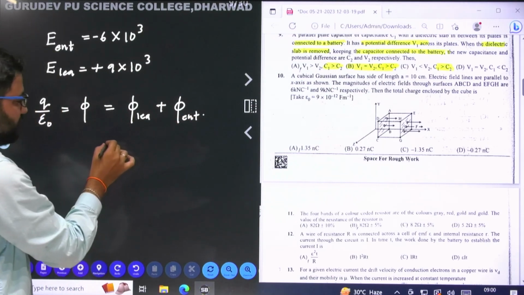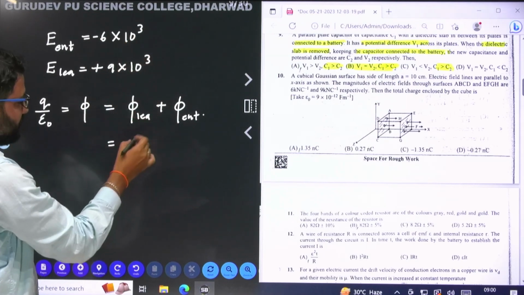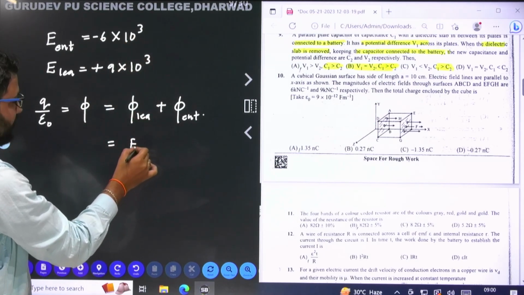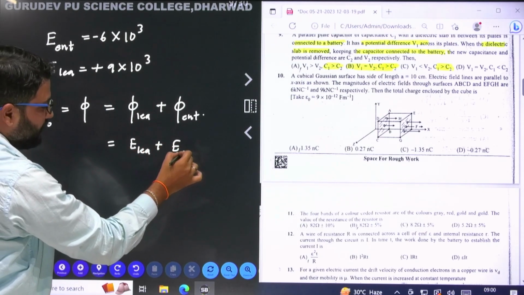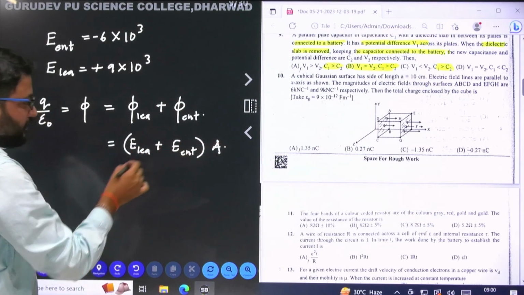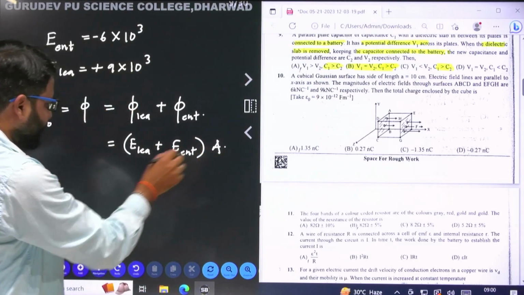So this is the electric field E leaving plus electric field entering, into area, because area remains the same in both the cases. I am taking it directly out.